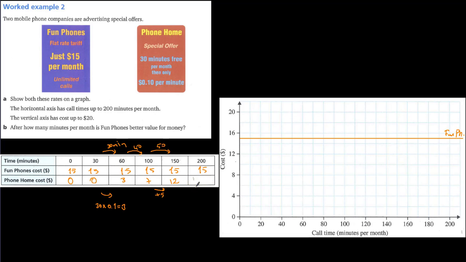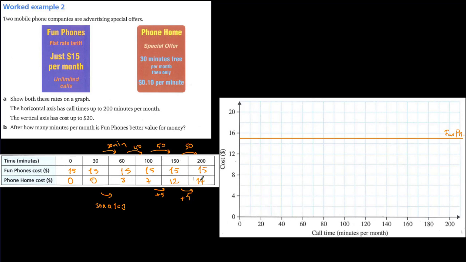After that, from 150 to 200, it's going to be 7 plus 5 again, which is equal to plus $5. So with respect to that one, this is going to be $17 at 200 minutes.